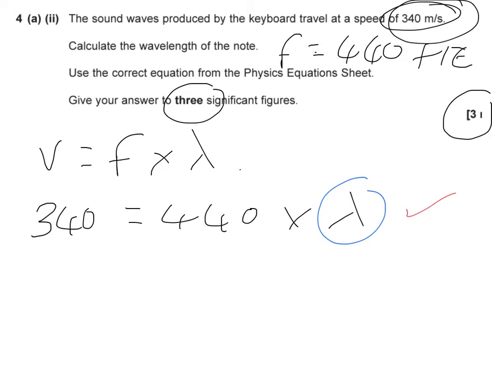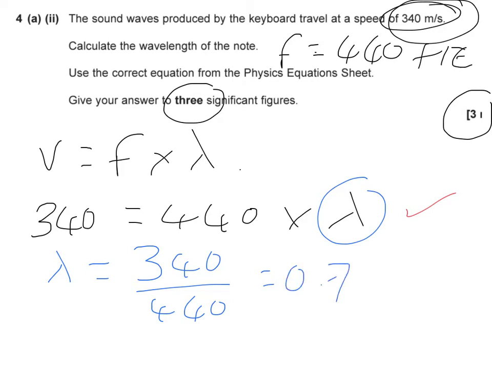Now I want to rearrange to get our wavelength, which I've given using lambda. So lambda would equal 340 over 440. I can put that into my calculator, and you get an answer of 0.772727, and that repeats.